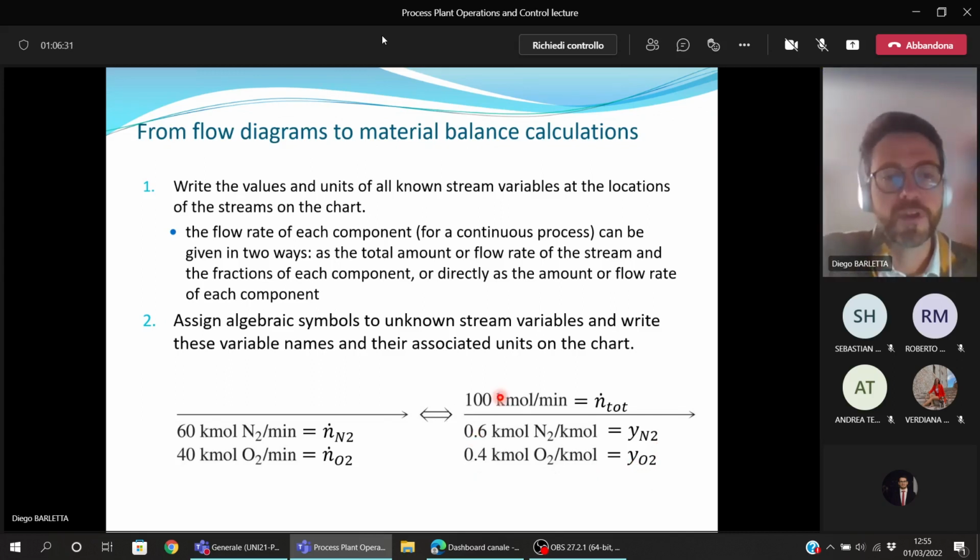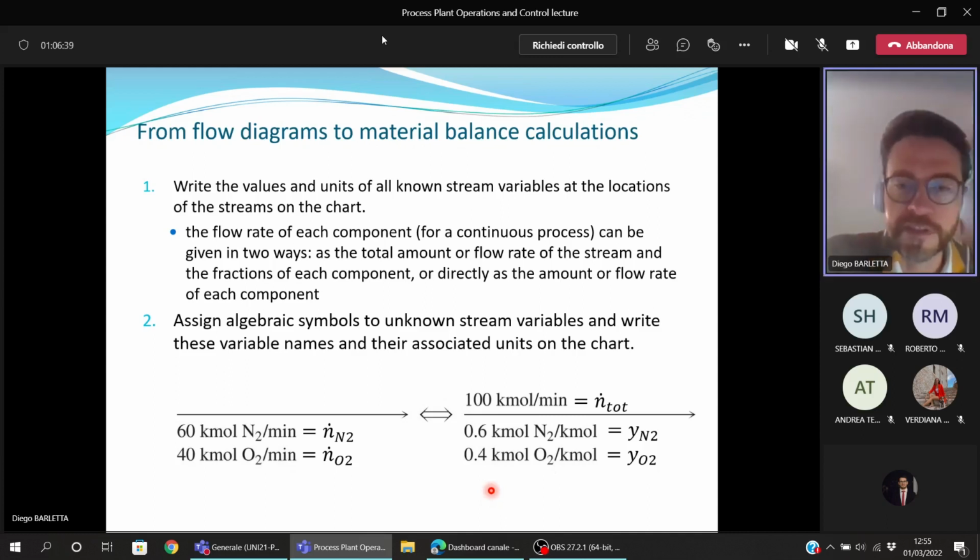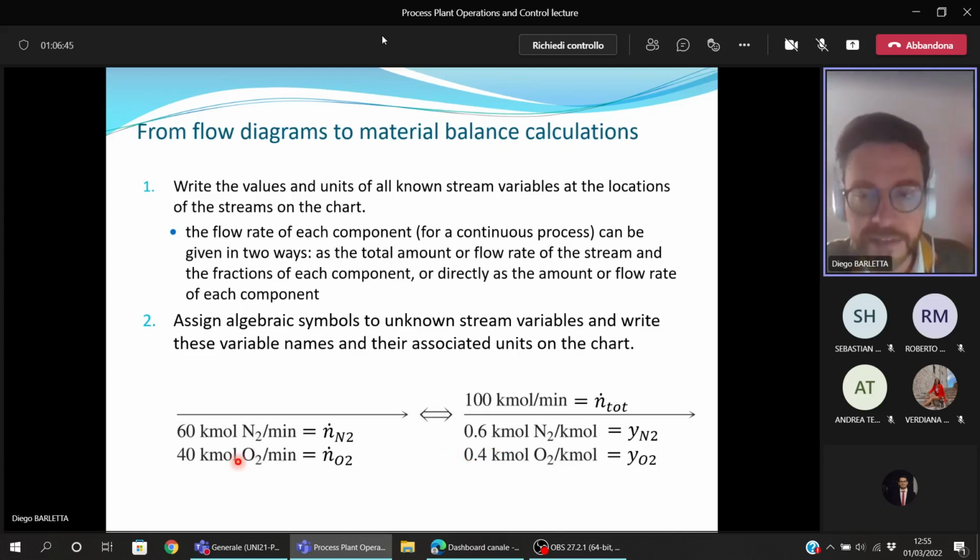Actually, you could say that here we have just two pieces of information, while here we are reporting three. So it seems that there is one piece of information more than the minimum set.